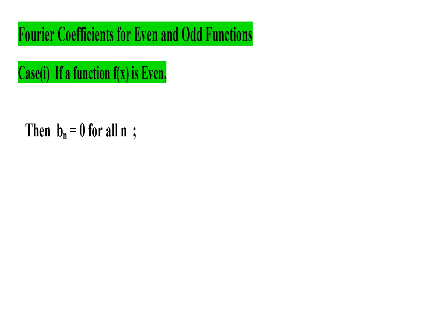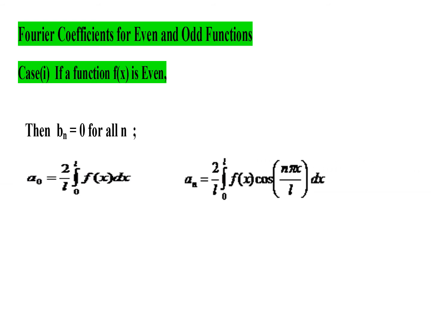So that is why we have bn 0 for an even function, and in that case the values of a0 and an can be written as 2 by L into integral 0 to L instead of 1 by L minus L to L. That minus L to L can be reframed as twice of 0 to L, since the function is even.